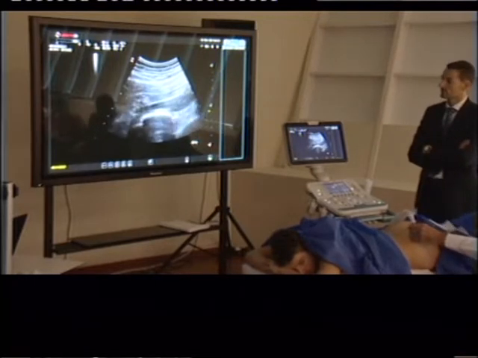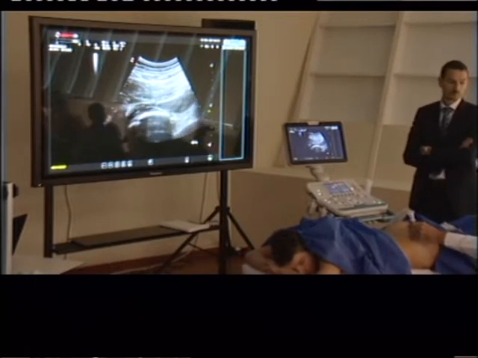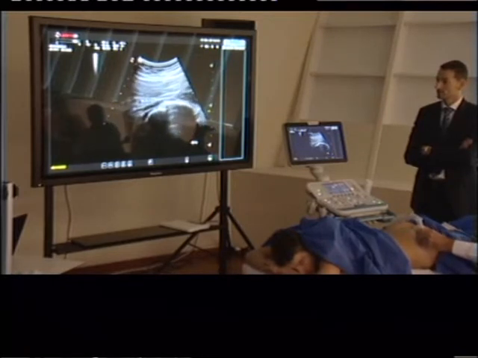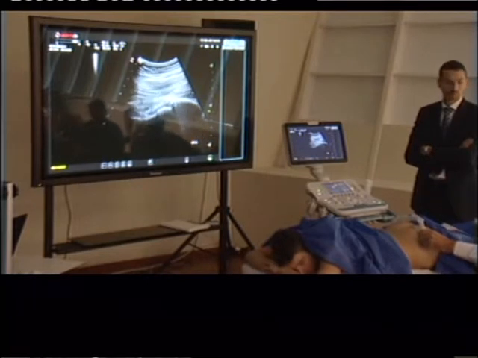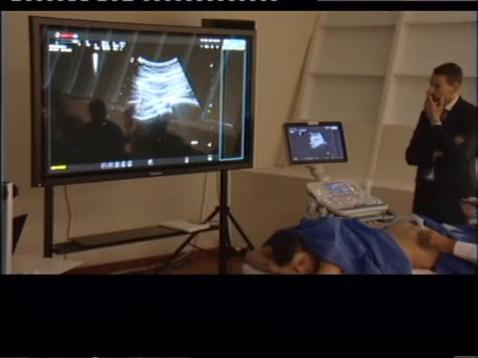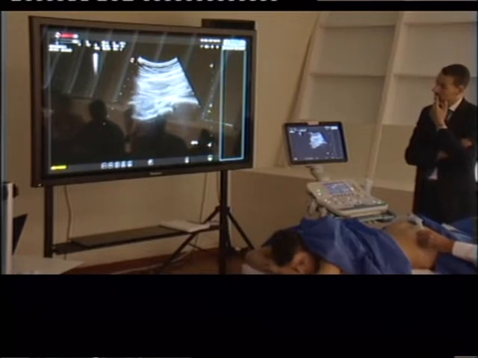Piriformis. See? And now you can see as I go, do you see the hip joint? This is your hip joint. This is your trochanter. So you can see piriformis.